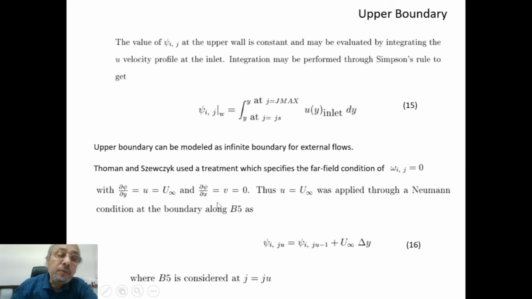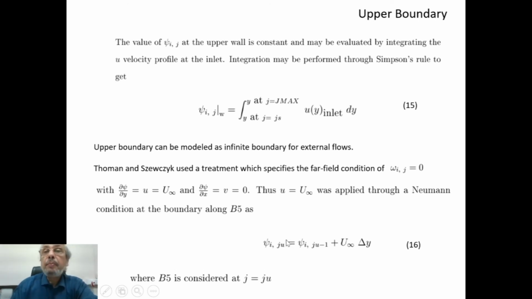Omega ij equal to 0, ∂ψ/∂y equal to u∞. So u equal to u∞, v equal to 0, and for the psi value, considering ∂ψ/∂y equal to u, and that u equal to u∞.